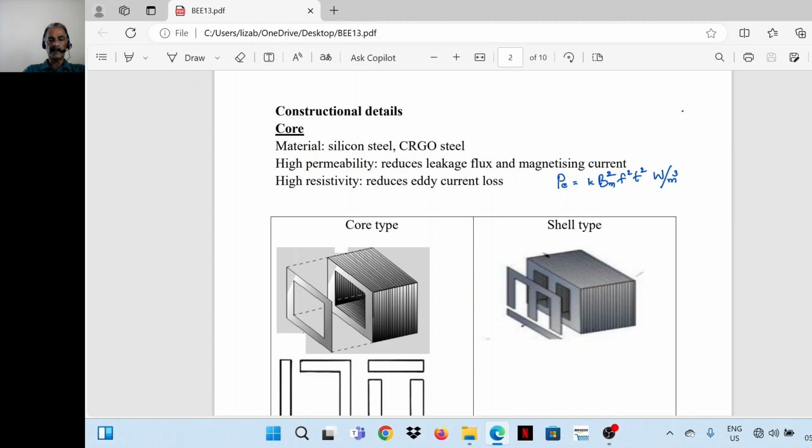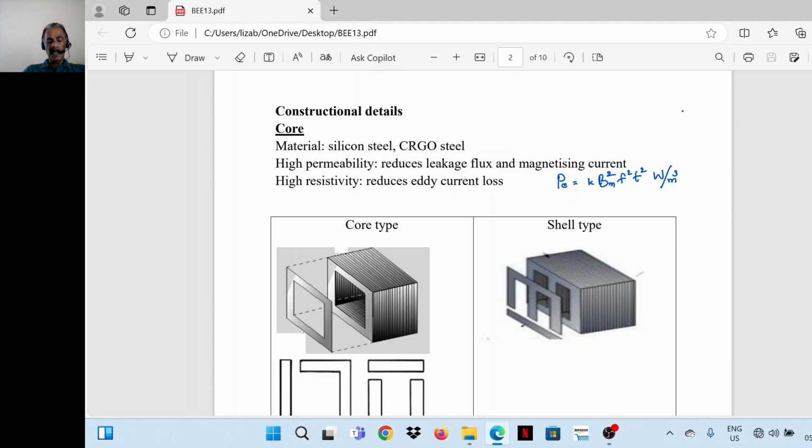Say if conductance in an electric circuit is more, then the same EMF can circulate more current, or to circulate a certain amount of current, only less EMF is required because conductance is high. Similarly, if permeance of the magnetic path is high, then less current can produce the same amount of flux or same flux density in the core. So there is a reduction in magnetizing current.